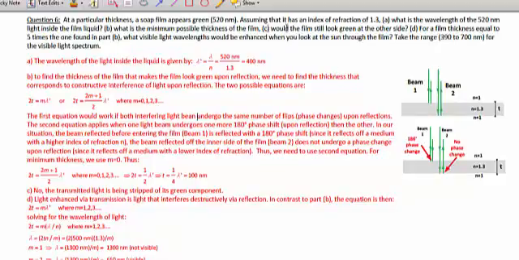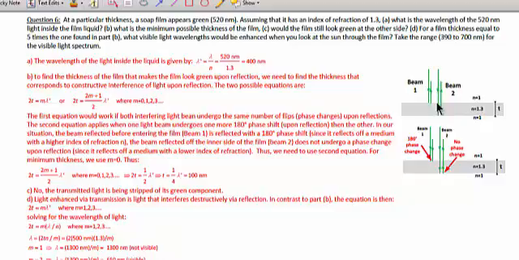Question C, would the film still look green from the other side? No, it's not going to look green because this is what happened. Light, as it is moving through the film, the part that's reflected looked green.